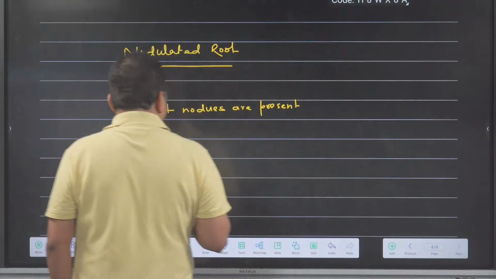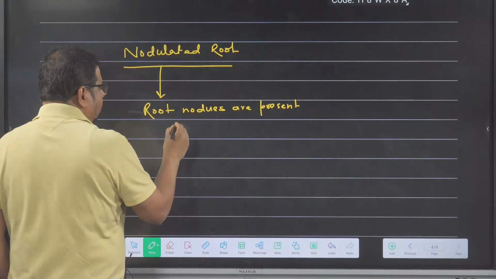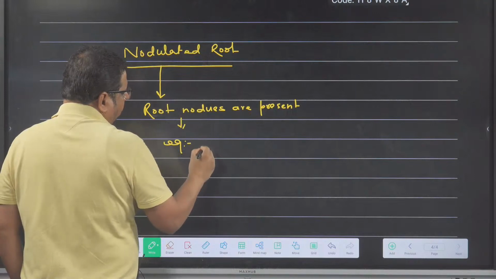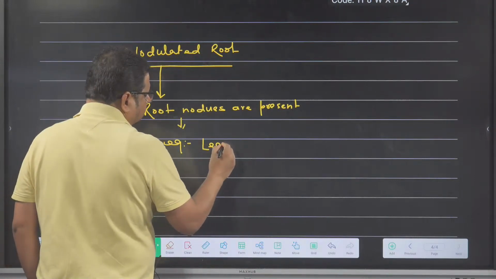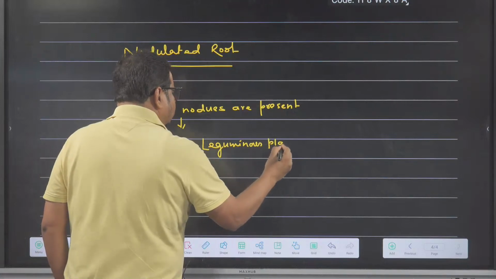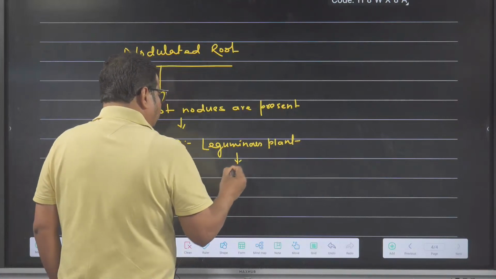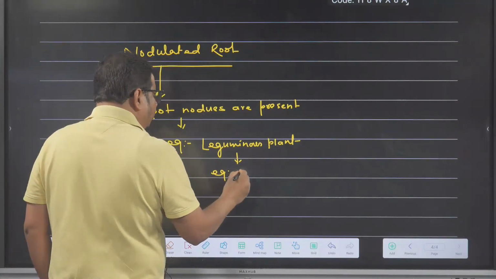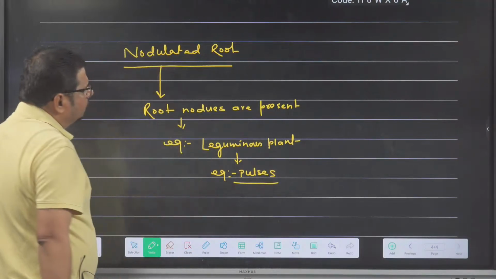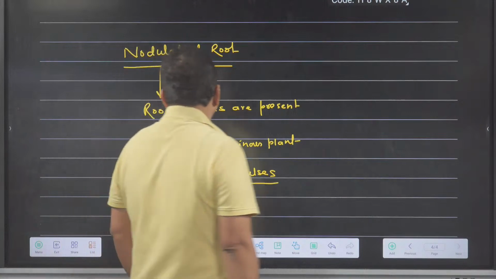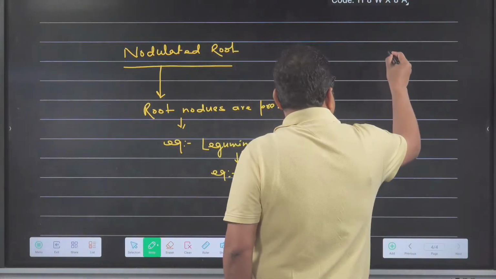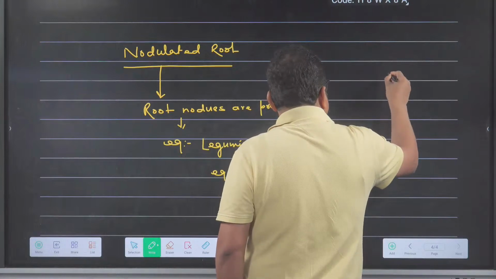An example of such type of root is the leguminous plant. What comes in the leguminous plants? Pulses. All pulses belong to this leguminous plant. So nodulated roots are present. A leguminous plant is a dicot plant.